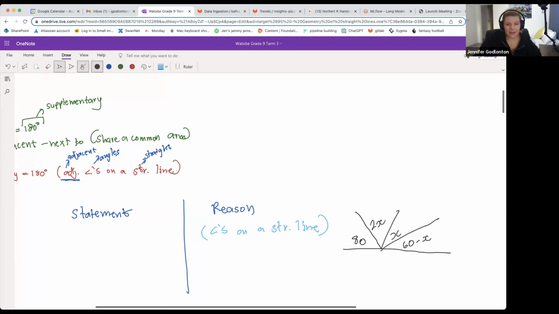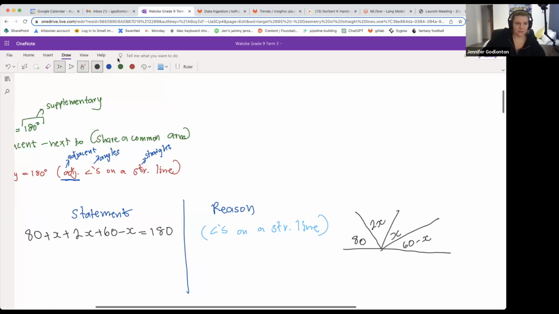All right, Palesa, are you going to help me with this question? Yes, ma'am. I am ready. So, ma'am, we're going to write our statement first, which is 80 plus 2x plus x plus 60 minus x equals 180. And our reason is supplementary adjacent angles or angles on a straight line.